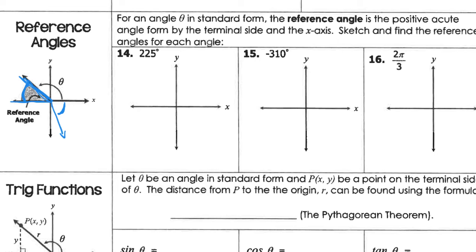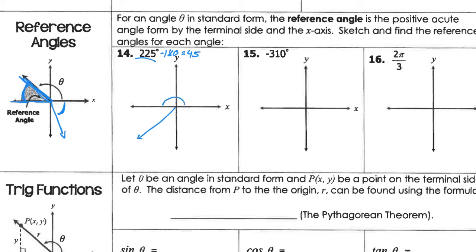So 225 degrees is closer to 180 than it is to 360. So you want to take the 225 and subtract 180. And so that's going to tell us that it's 45 degrees. So if I subtract that 180, I get 45. And so that tells us that it's 45 degrees below 180. So I'm going to sketch it down here.